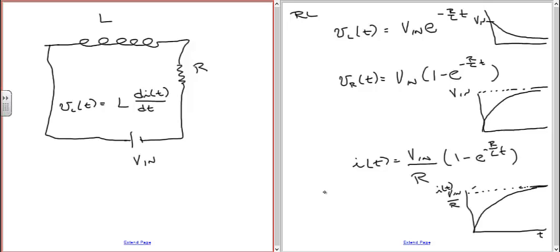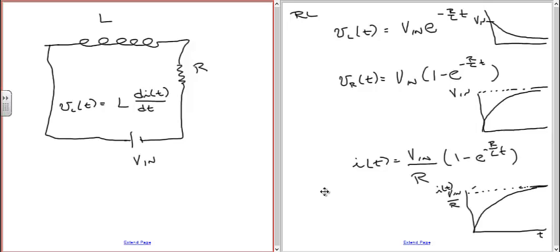If you didn't have the inductor, it would go boom, straight up to that current. But because of the inductor, the current can't change infinitely fast. It slows down the current change, but it ultimately gets there.